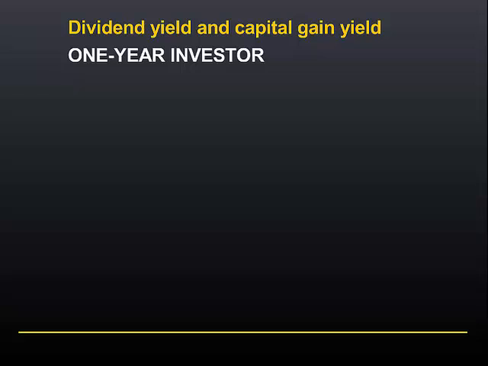Let's look at the situation from the point of view of a one-year investor. At the end of that year, the investor receives the dividend at the end of the first year and the price that he or she gets from selling the share. In order to calculate P0, the value of the security today, we need to calculate the present value of those two cash flows.